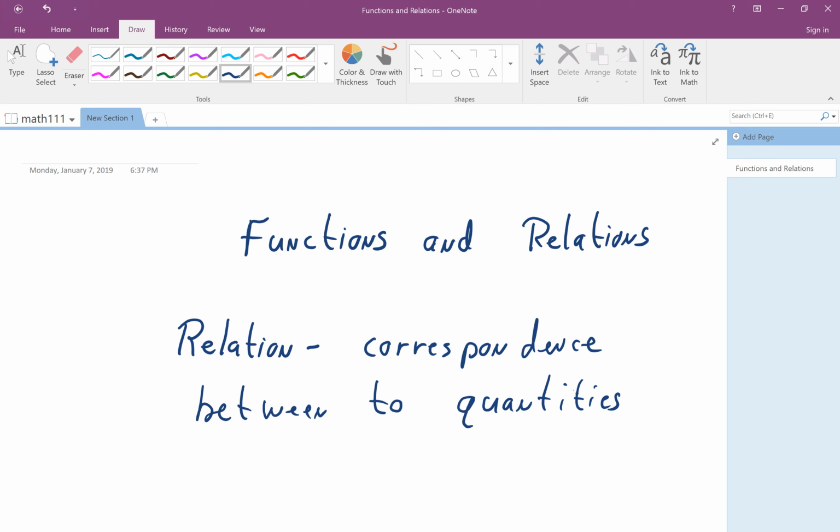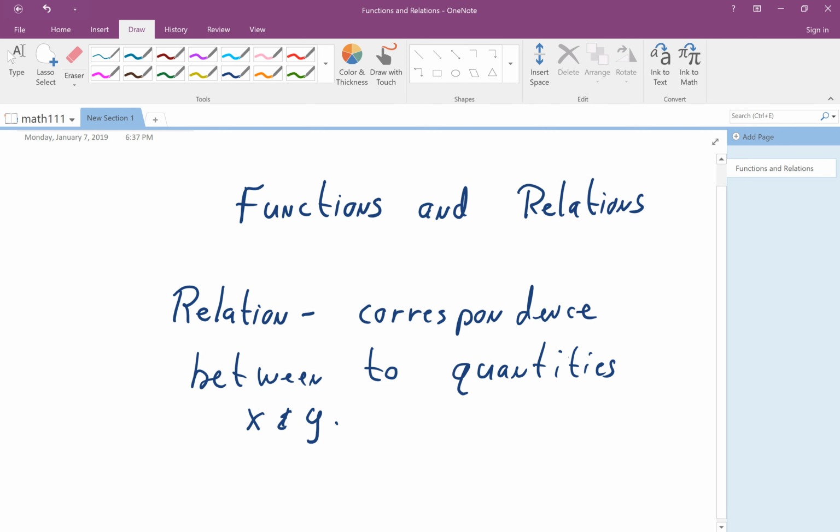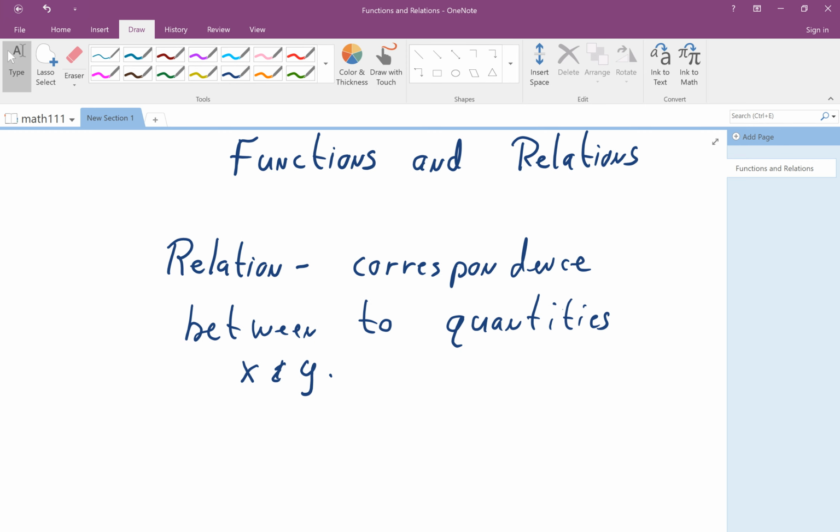You probably know these two quantities as x and y. So it's just some sort of correspondence between two quantities. They don't have to be numbers; they can be other items. I'll try to give you an example of that as we go through, where they're not numbers. So a relation is this correspondence.